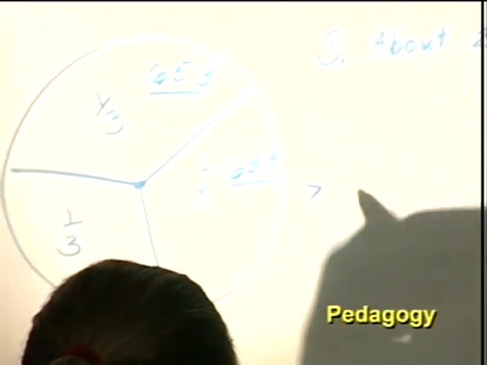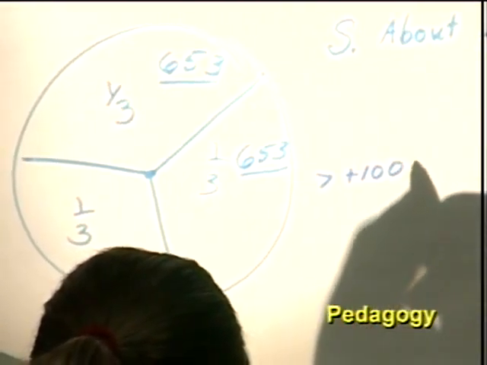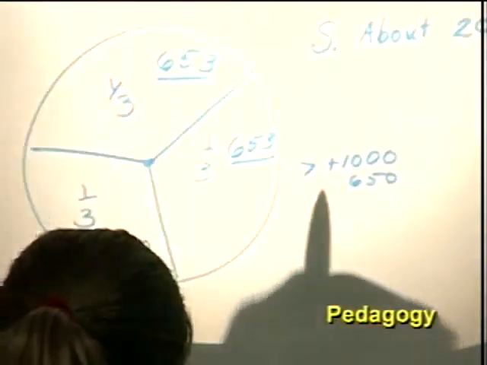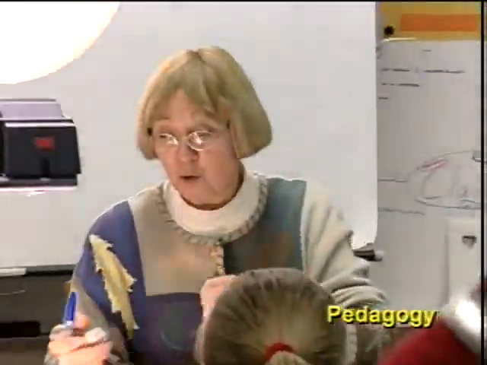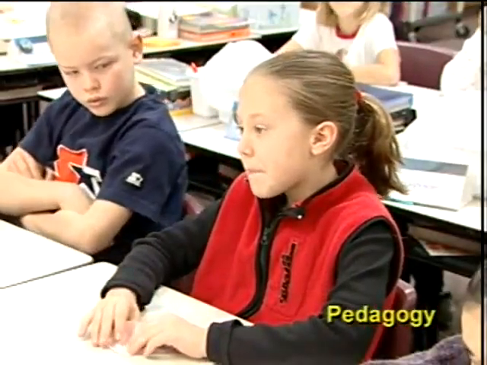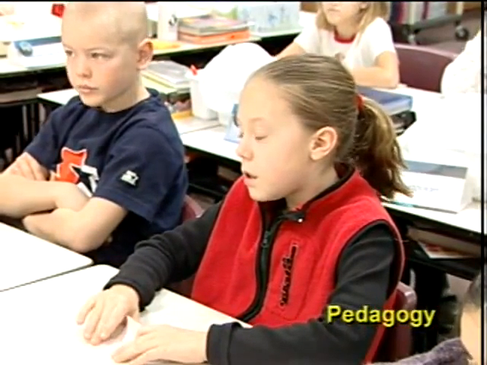And then you add another 650 onto that, and we figured it was about 2,000. Exactly? No. About. I like the way that your group used the about. So your group thinks about 2,000 people answered it.